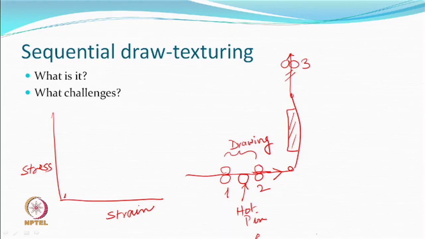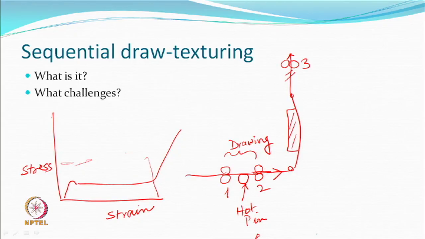Something similar, but one sees something like this. Initially there is a stress build up, then something like a yield point comes, and then there is a flow, and then you get the normal yarn, which is like a fully drawn yarn if everything is done correctly.